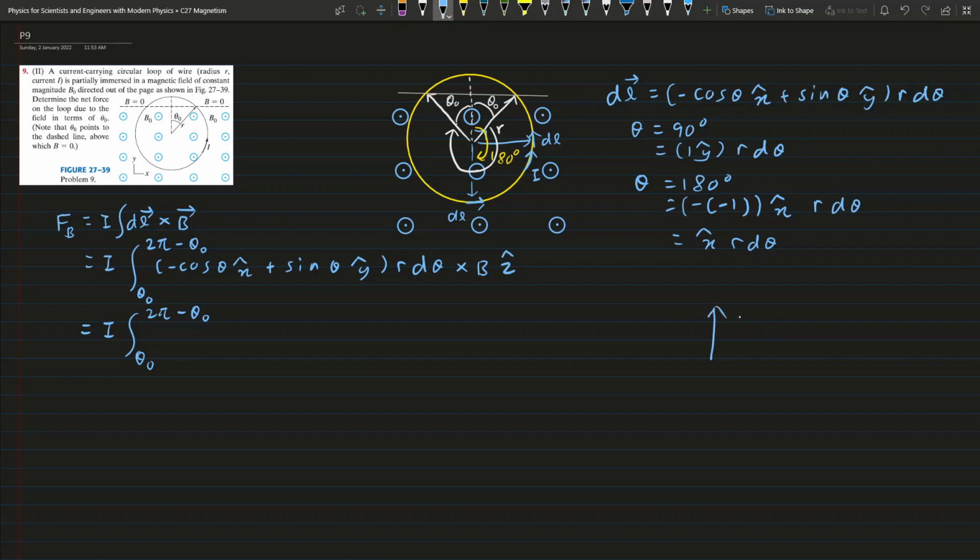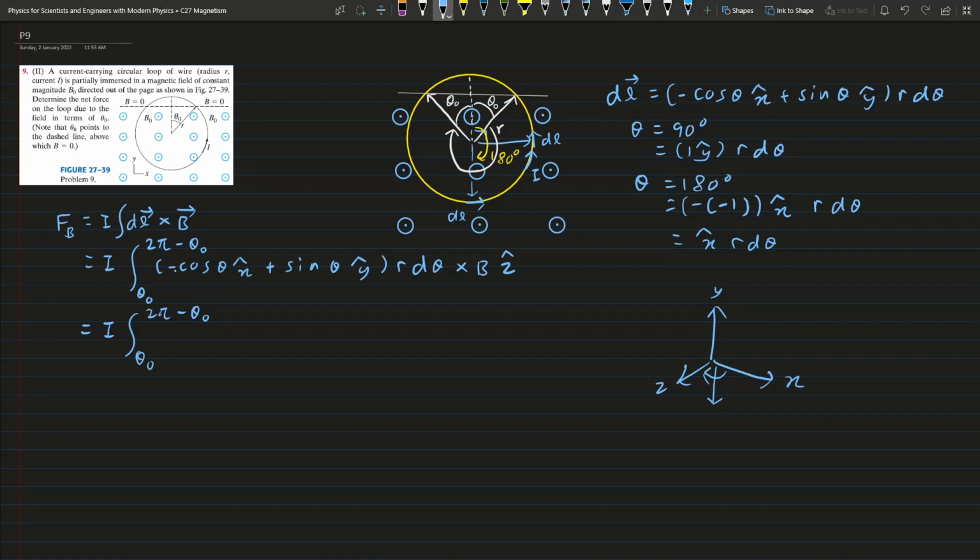Now here is the xyz axis. We have x cross z. So x cross z is going here. You can see the vector form is going to the negative y.